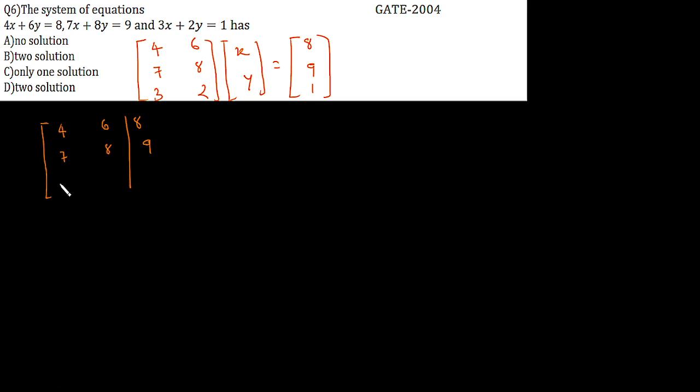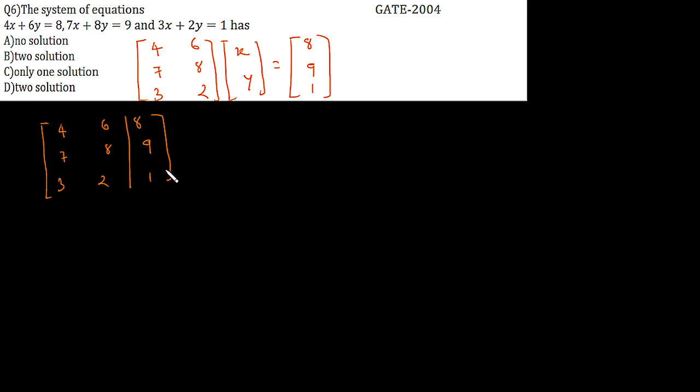We have two variables here, x and y, but we have three equations, so this system is overdetermined. On the right hand side we write 8, 9 and 1. Let's form an augmented matrix. We have 4, 6, and on the right hand side we have 8, 7, 8, 9, 3, 2 and 1.